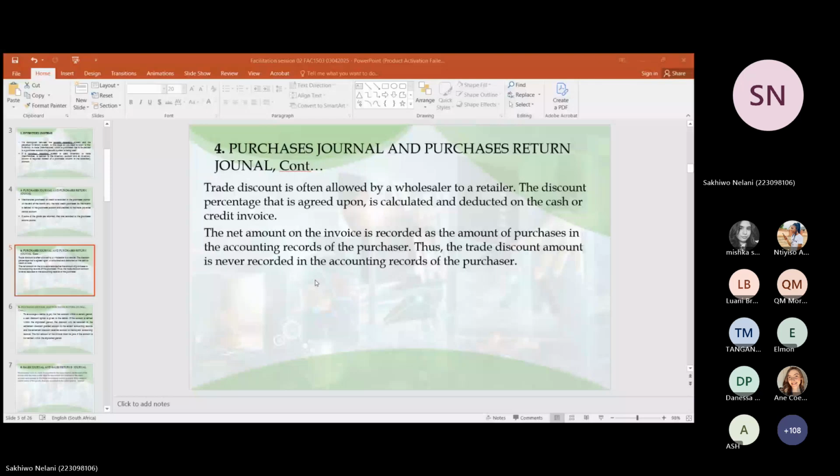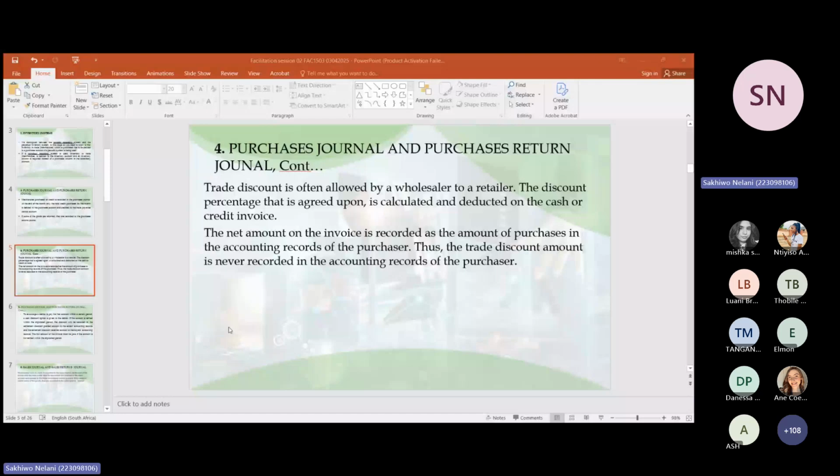I actually just have a question, sir. Why would you treat a trade discount as an income and not as a current asset, maybe? Okay, Tobile, let us take note of that. There's a hand up.